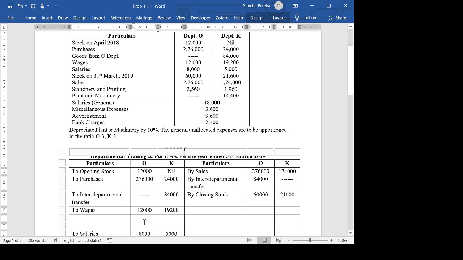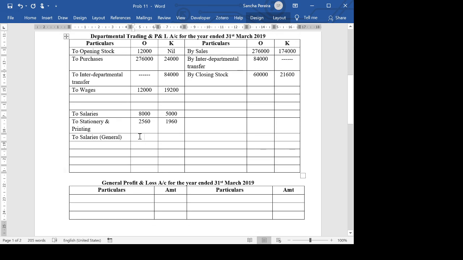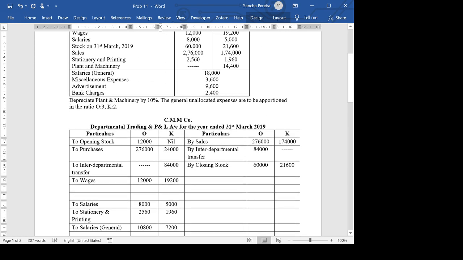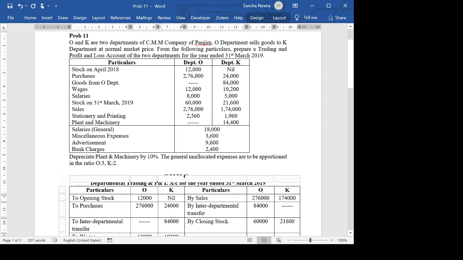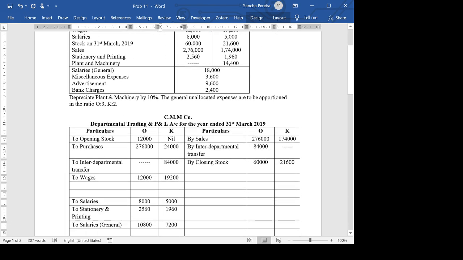It's 10,800, and into 2, it is 7,200. Okay, so salaries.